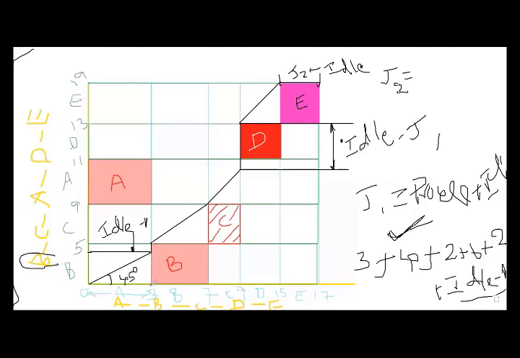B means 0 to 5, 5 hours, plus C, 5 to 9, 4 hours, plus 9 to 11, 2 hours, plus 11 to 13, 2 hours, plus 13 to 19, 6 hours, plus the ideal time of job 2.